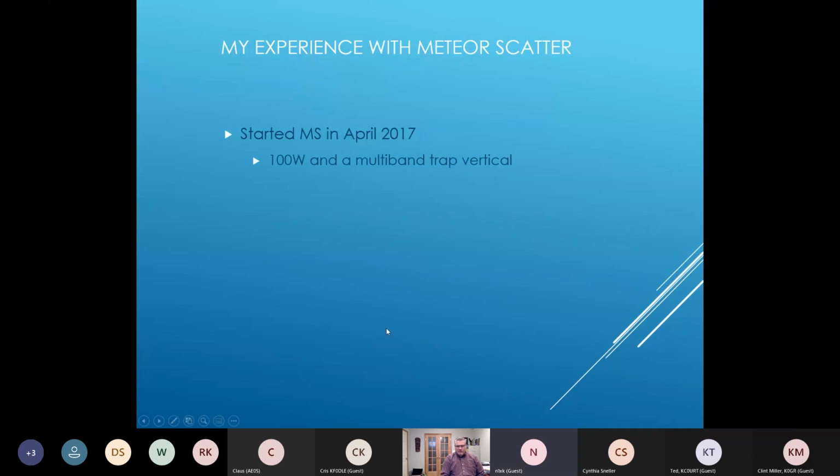So my initial go-through, I had a multi-band trap vertical that went 40 to 6 meters, my 100-watt 6-meter radio, and gave it a shot with that. Now the trap vertical, as you might expect, is not a beam, so it wasn't what you would call high performance.